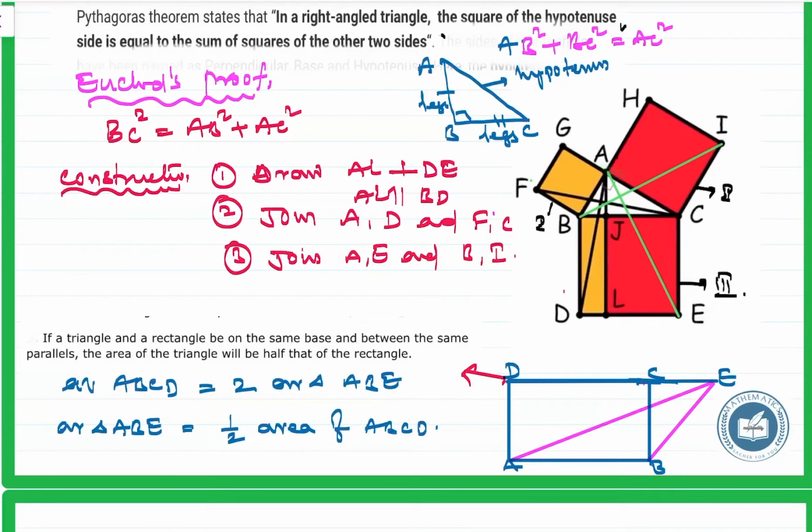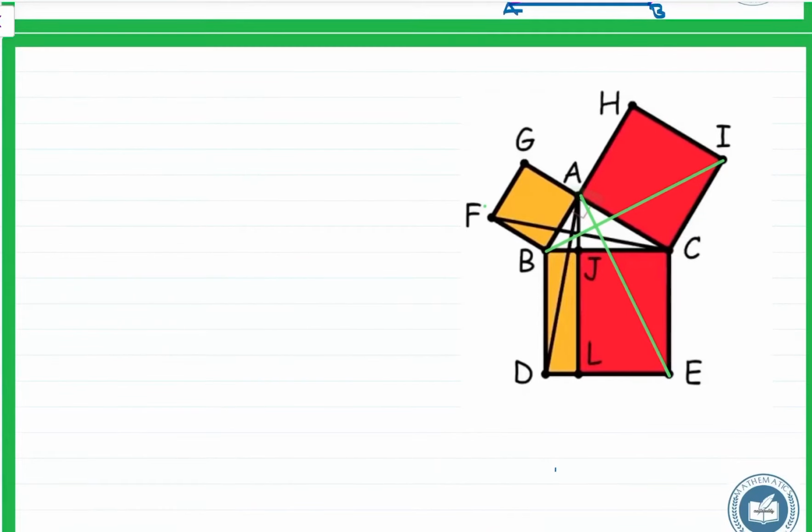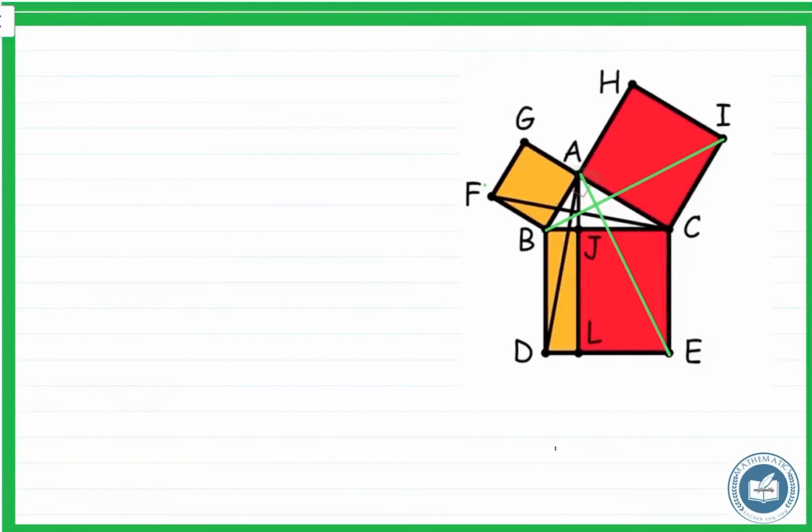Using these two constructions and this concept, you can prove this easily. For this, first we have to consider the triangle FBC here.